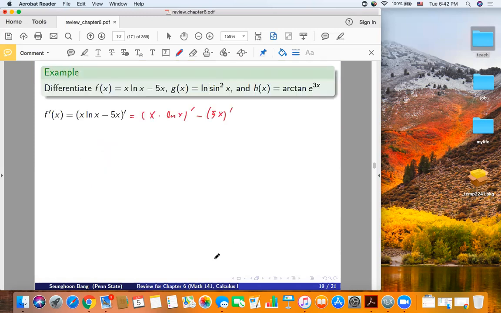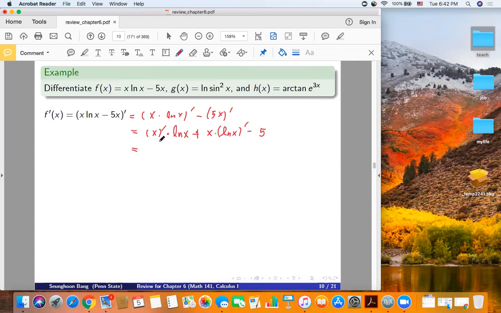Okay, going back, so you can use it. This is the same as the product rule: first prime times second one plus first one times second prime. ln x prime minus 5x prime is just 5.